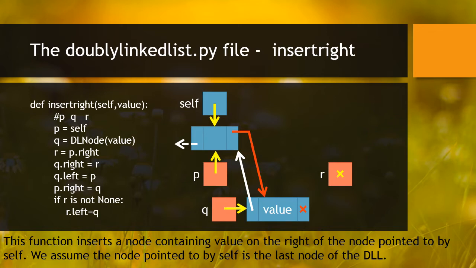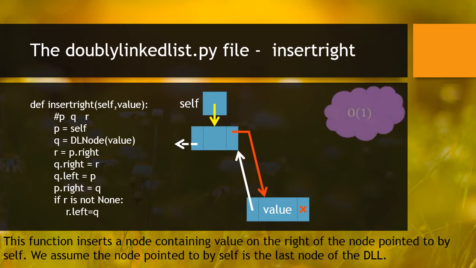If R is not None, this condition is false because R is None, so the body of the if will not be executed. Now remove the PQR variables and see the picture. What have we done? We have inserted a node containing value to the right of the node that was given to us. The O notation is again O(1).